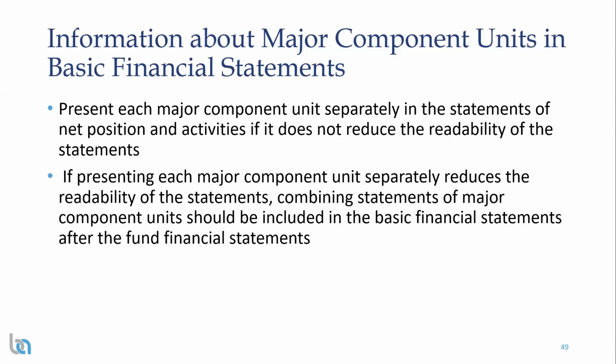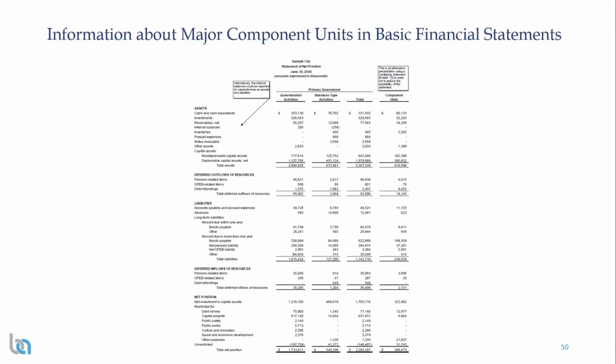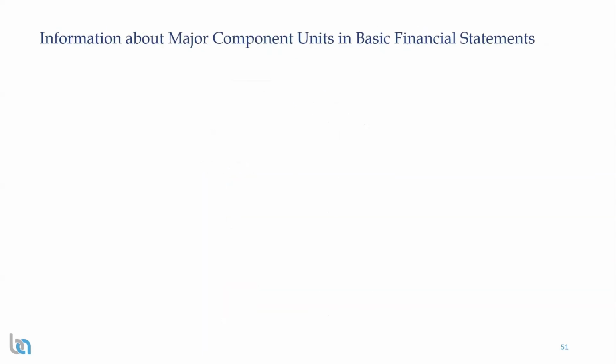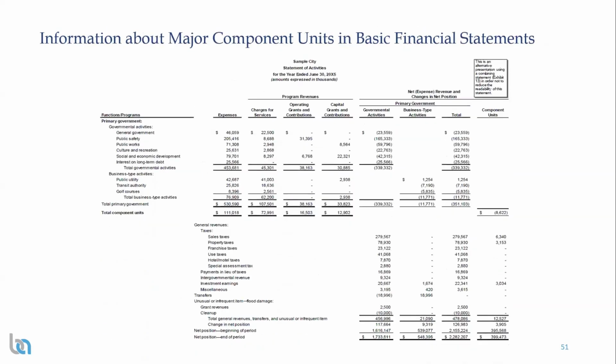And right after your fund financial statements, you now have to add a combining statement that breaks down those major component units. So if you want to see how it looks, this will be a column that shows all component units for the government-wide statement of net position. And then this last column will be for the statement of activities.